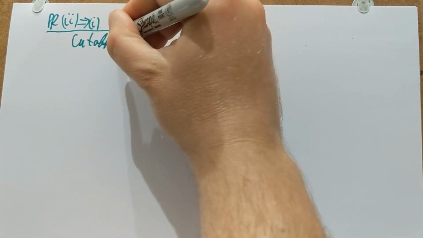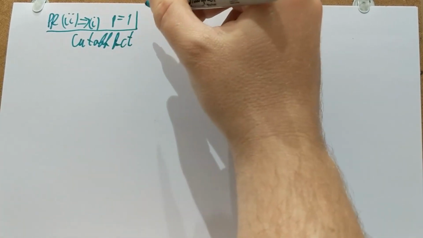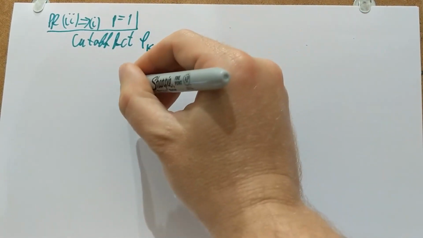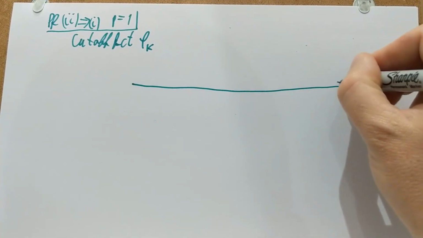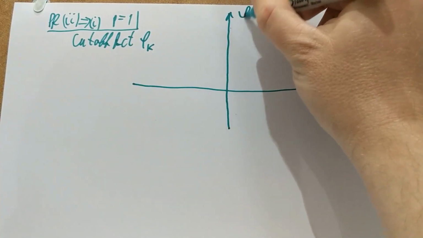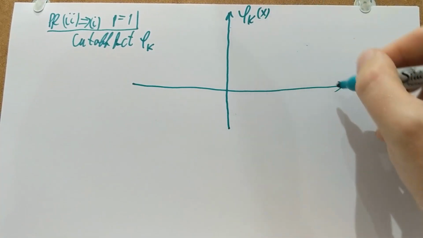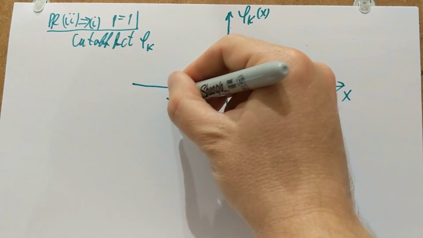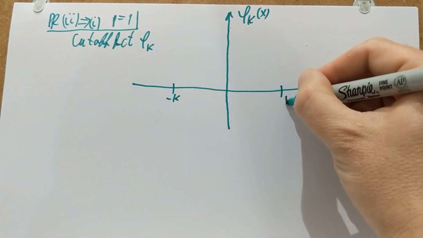Cutoff function, which I'm going to call phi, and it will have an index k, and instead of formalizing it, I'm just going to draw you what this cutoff function looks like as a function of x. So it is going to be the identity function between minus k and k.